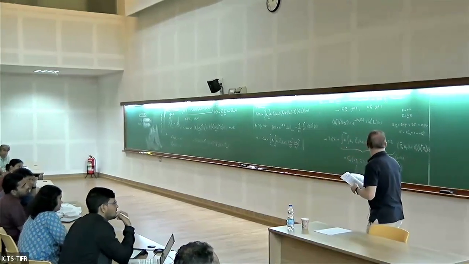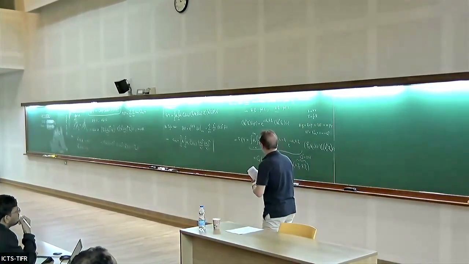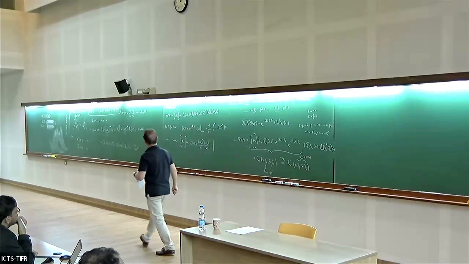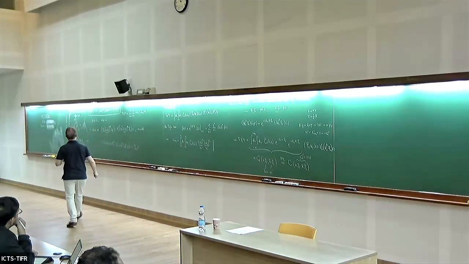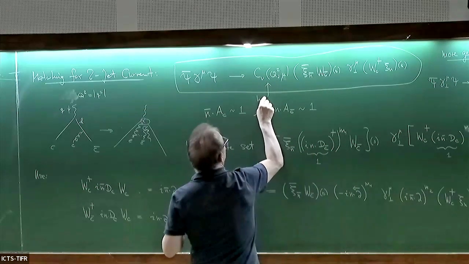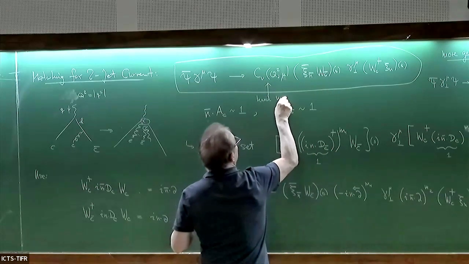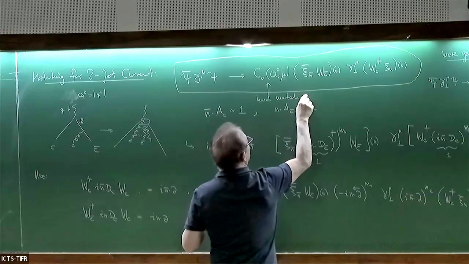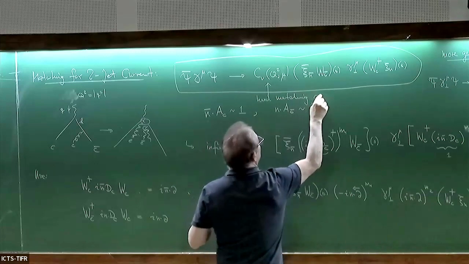No, CV is not a Wilson line. CV is a Wilson coefficient. Sorry, maybe I said Wilson line, then it was incorrect. This is a Wilson or matching, hard matching coefficient. So this accounts for hard quantum corrections at one loop order or two loop order.